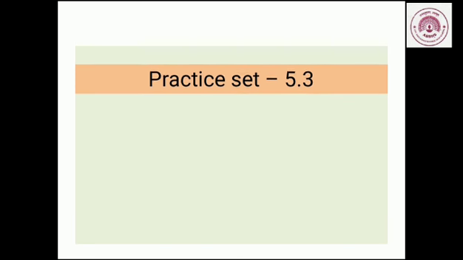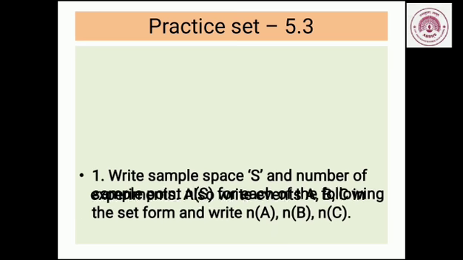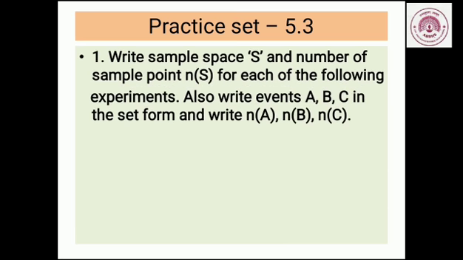Now we'll solve practice set 5.3. Here the first question is: write sample space S and number of sample points n(S) for each of the following experiments. Also write events A, B, C in the set form and write n(A), n(B) and n(C).